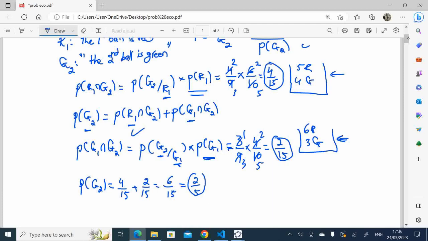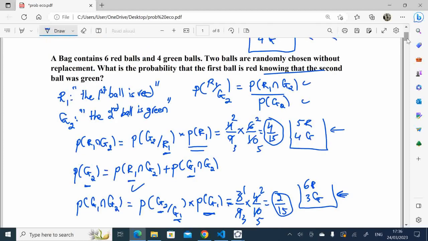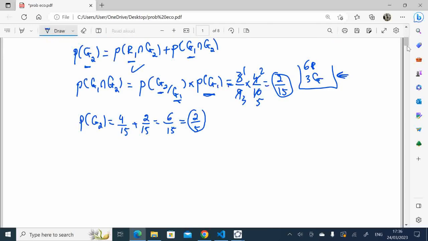Now, let's go back to P of R1 knowing G2. P of R1 knowing G2 will be equal to, as I said, P of R1 intersection G2 over P of G2.